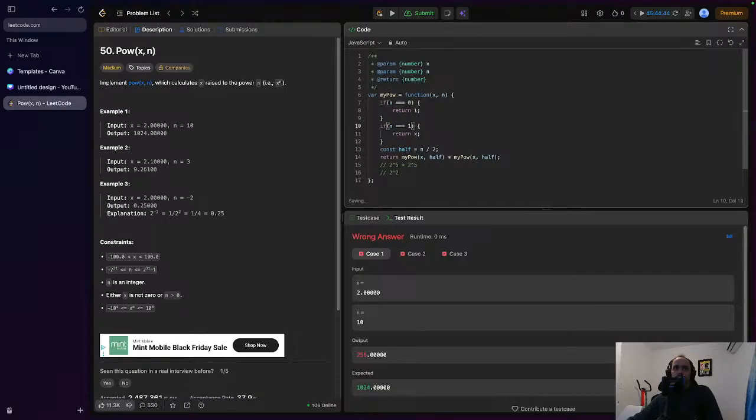Maybe we just do if n - 1 less than or equal to n and n less than or equal to 1, we return x. So we can... can't do that.